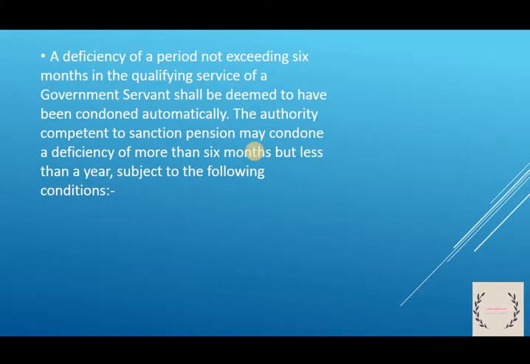A deficiency of a period not exceeding 6 months in the qualifying service of a government servant shall be deemed to have been condoned automatically. The authority competent to sanction pension may condone a deficiency of more than 6 months but less than a year, subject to the following conditions.